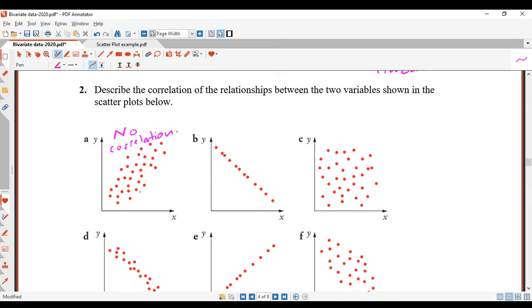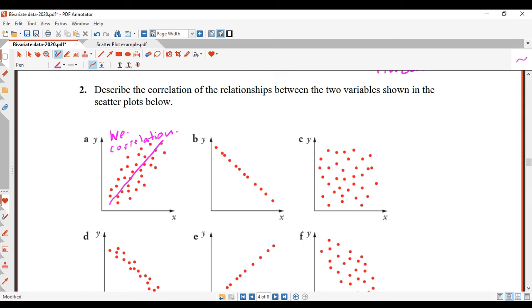Or possibly, yeah, maybe we'll change that. I think they are quite far apart, but it does seem to be going up, doesn't it? So if you drew a line of fit, they are approximately following that line. So let's change that from no correlation to a weak correlation. So yeah, that's a weak one.